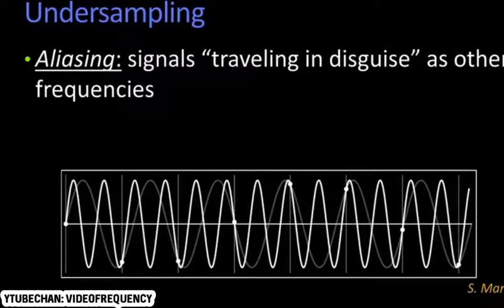Or I should say, that's the example of aliasing. The definition is, it's a signal that travels in disguise of another signal or of other frequencies. All right? Now, we're going to make this formal in just a minute, but that's what's going on in aliasing: I've got a signal and I can't distinguish between a low frequency that was in there and actually a high frequency. By the way, this also happens in time.